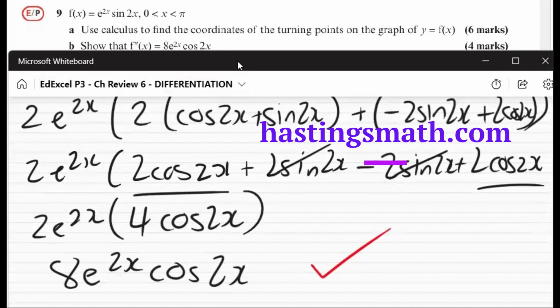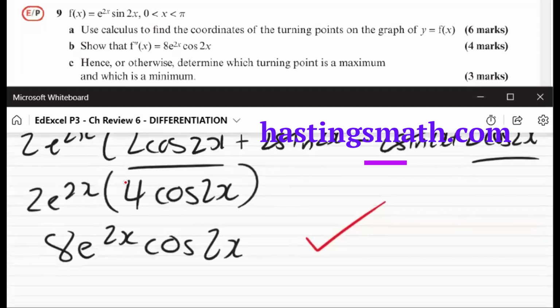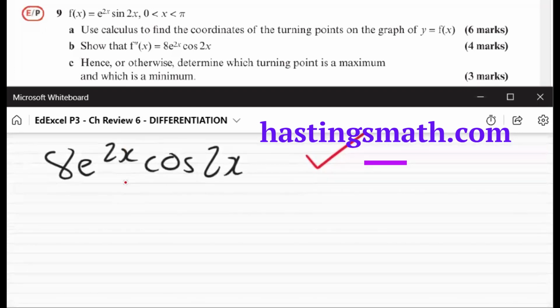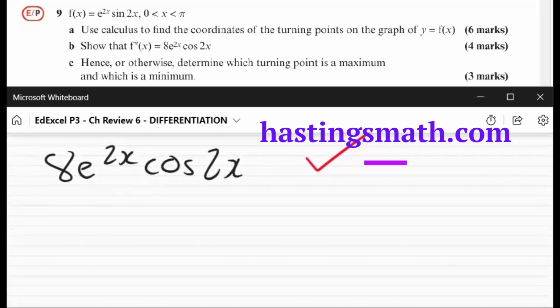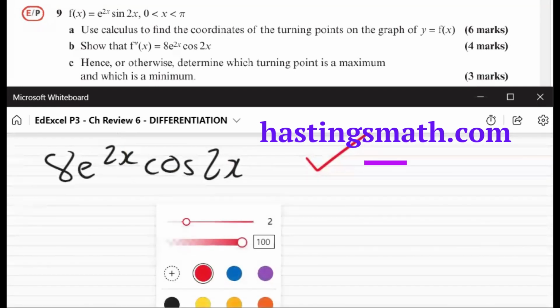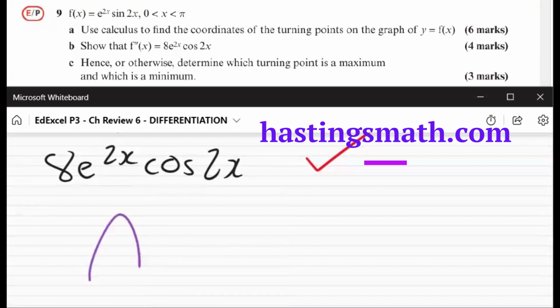B was f dash dash of x. Question C, hence or otherwise determine which turning point is the maximum. Okay, so if we had 2 turning points, one of them would be a maximum. That maximum is at the top, so that's the max.